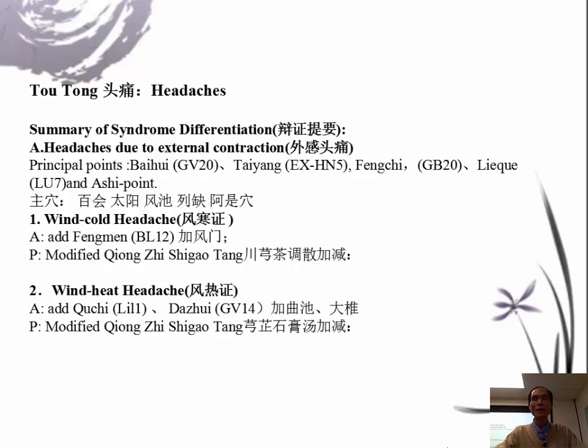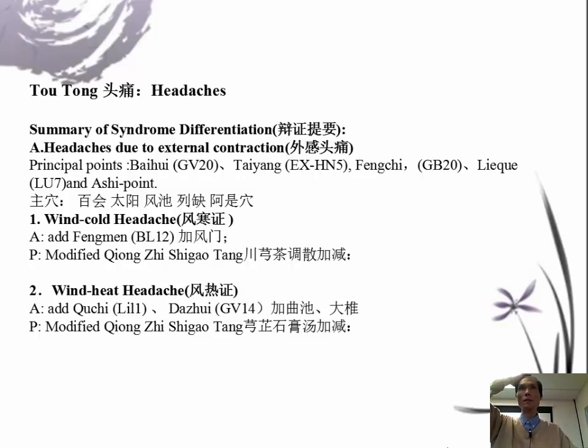And of course, since the wind comes from the lung, we are going to consider the 列缺. This is LU7 here.